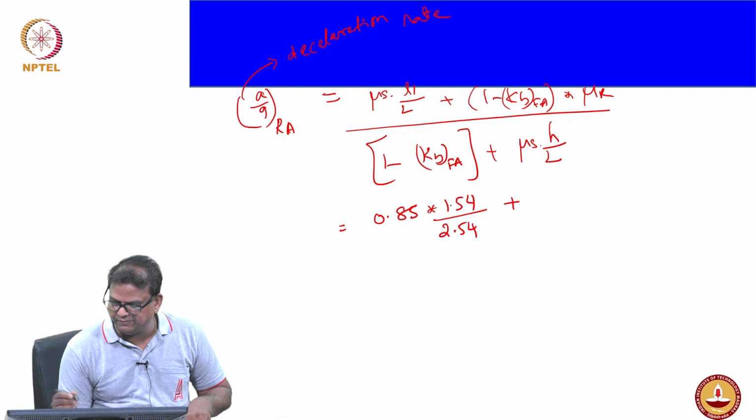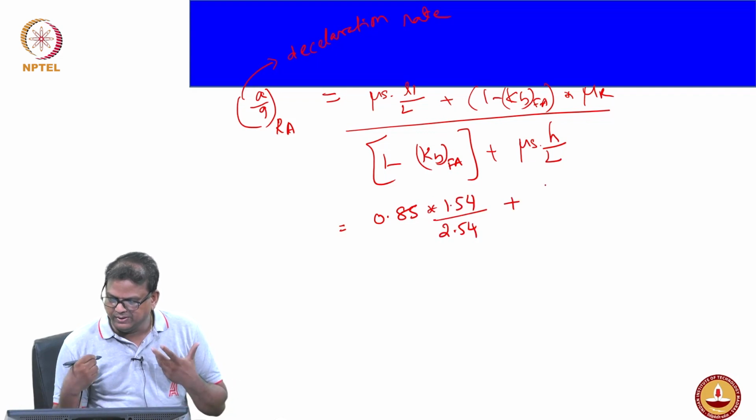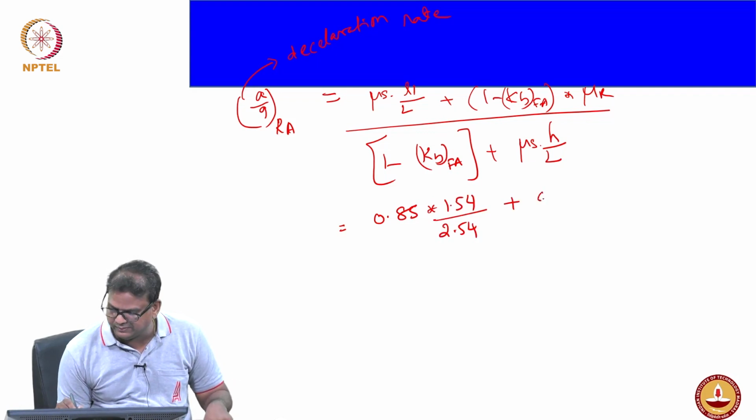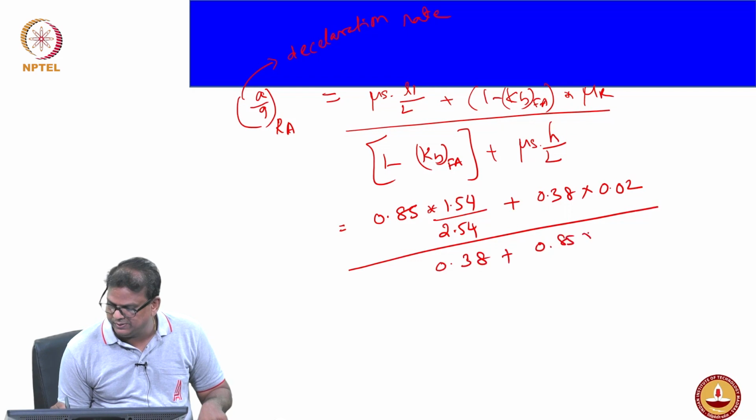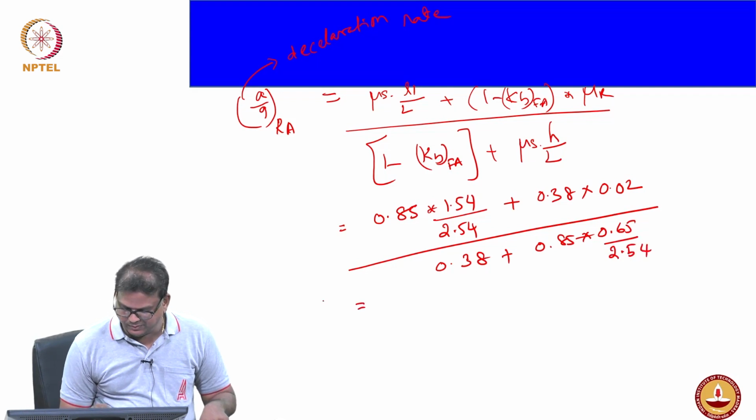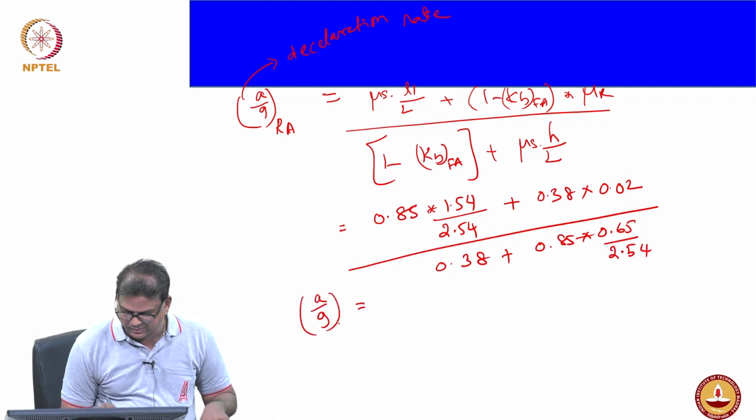This 1 minus KB front axle is nothing but your KB rear axle, which is 0.38, and mu r equal to 0.02. So 0.38 plus 0.85 into 0.65 divided by 2.54. So now the a by g for the rear axle is coming as 0.87.